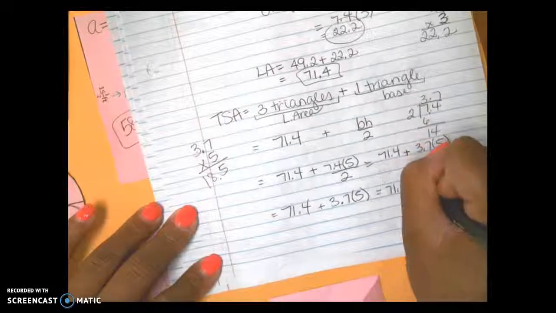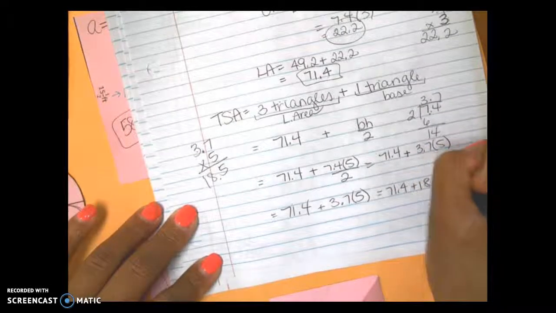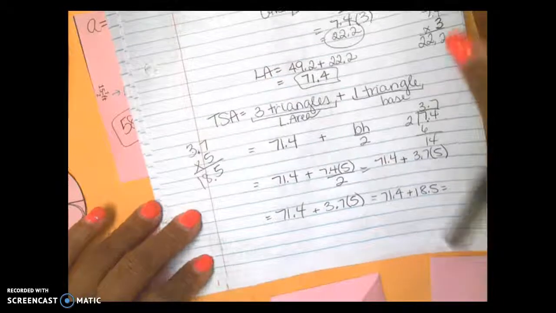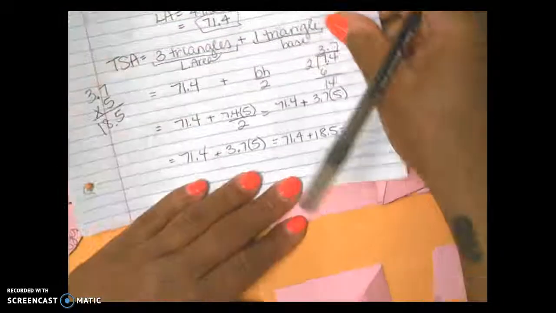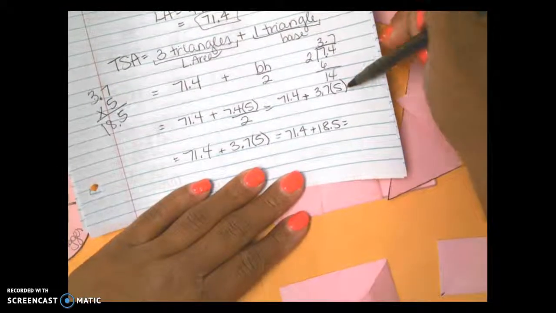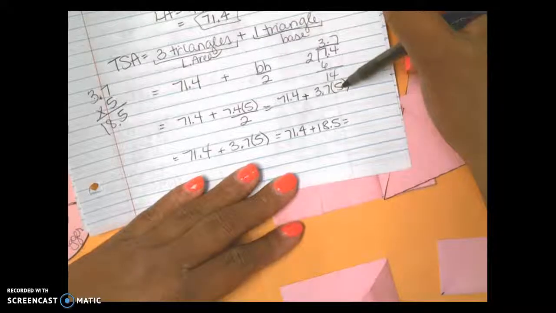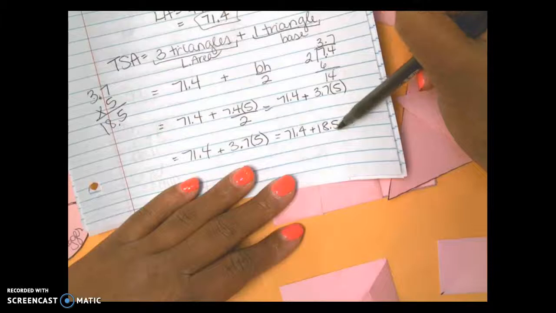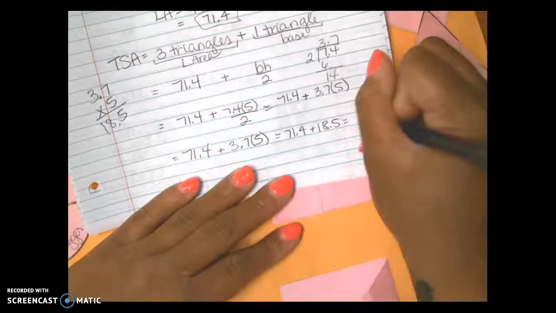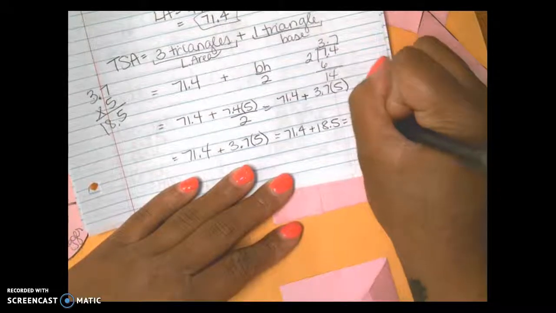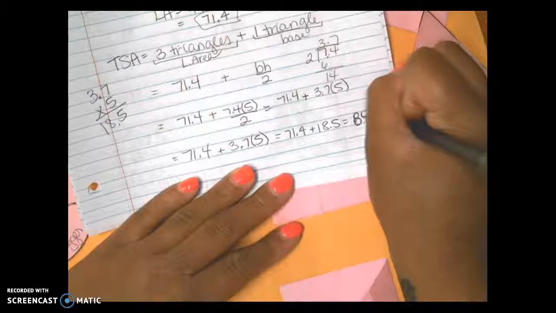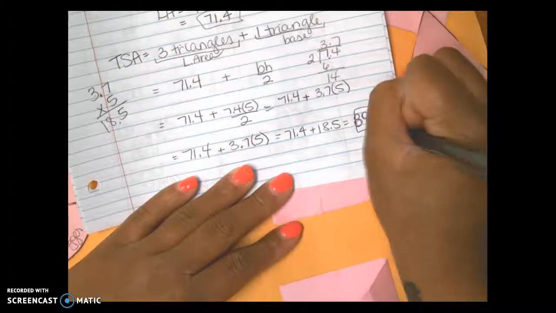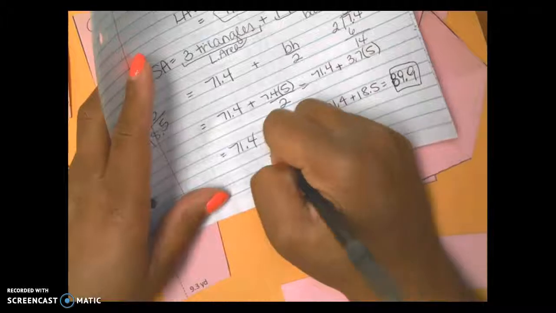It's 71.4 plus 3.7, right? No, that's not order of operations. You have to multiply first. 71.4 plus 18.5 is 89.9. Good. That's your total surface area.